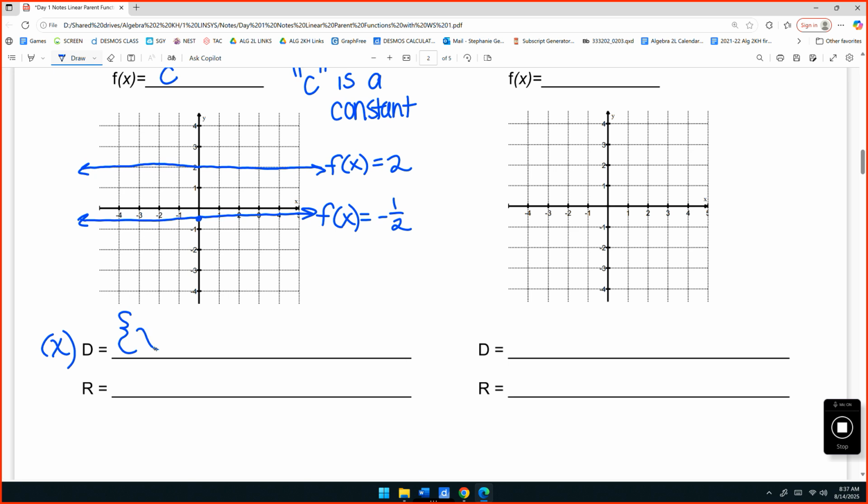I'm going to say the set of all x values such that, so that line means such that, x is an element of all real numbers, and that is a Greek letter. Just think of it like a C with a little line in between, or like a curved capital E. So that literally translates into x such that x is an element of all real numbers. That's like the full name. If you want to be 100% correct, you put that.